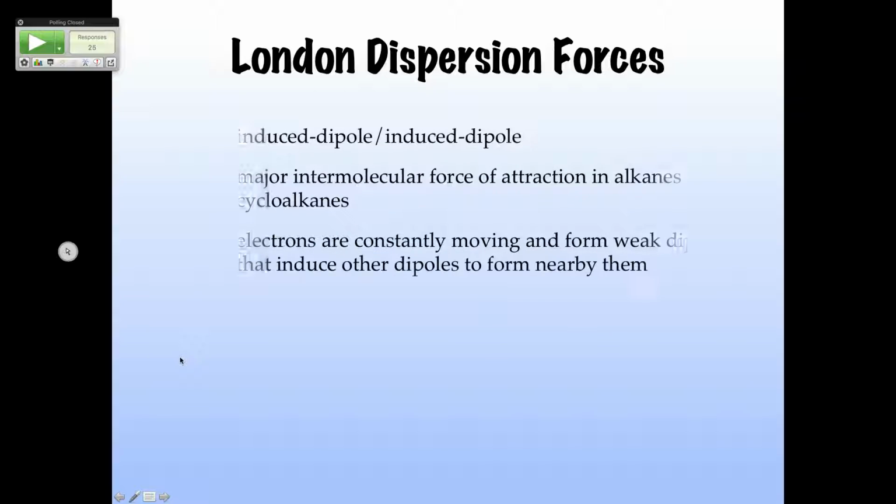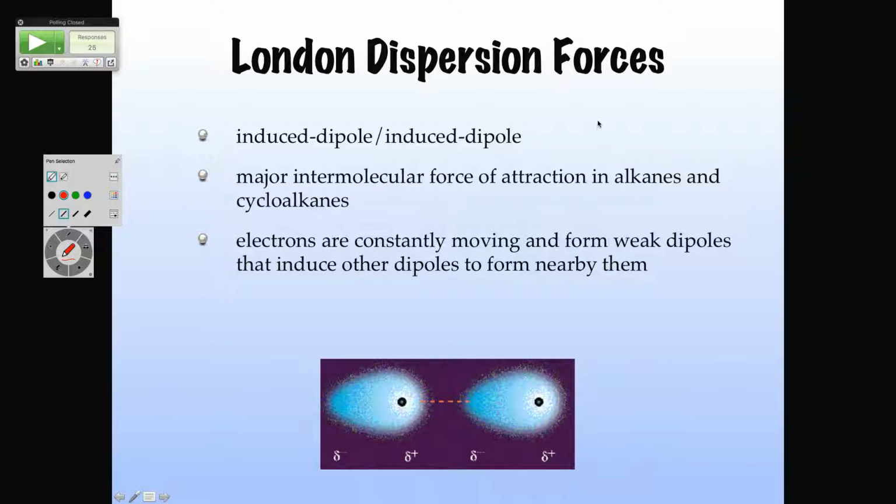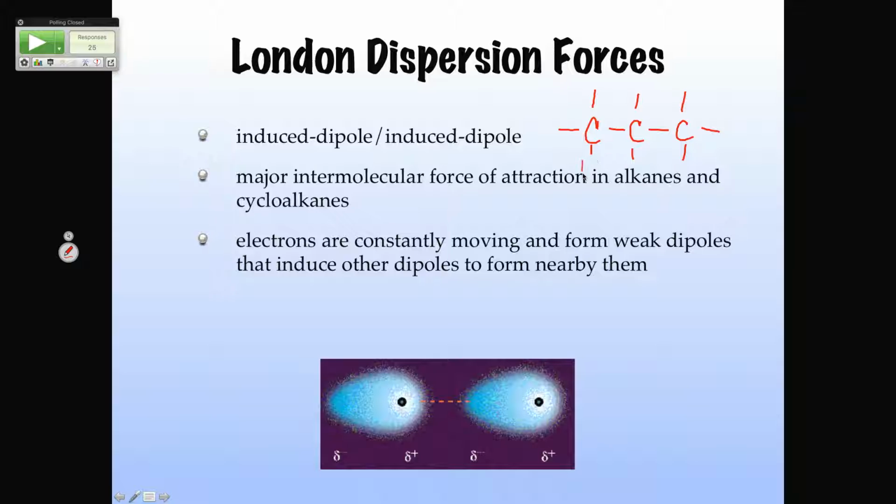Okay, London dispersion forces. Those are induced dipole, induced dipole. They are the major intermolecular force of attraction in alkanes and cycloalkanes. What is an alkane? An alkane is a compound that has all carbon and hydrogen and all single bonds.